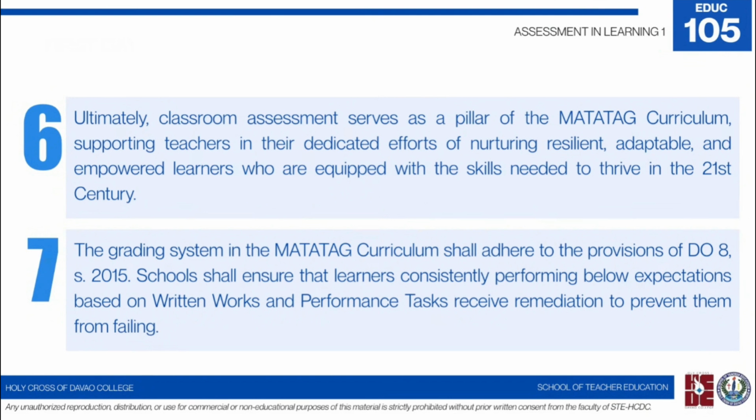A critically important provision in the Matatag curriculum is this: schools shall ensure that learners who are consistently performing below expectations based on written works and performance tasks receive remediation to prevent them from failing. This is not merely a suggestion, it is a mandate. A student who is consistently underperforming must receive intervention before a failing grade becomes their permanent record.